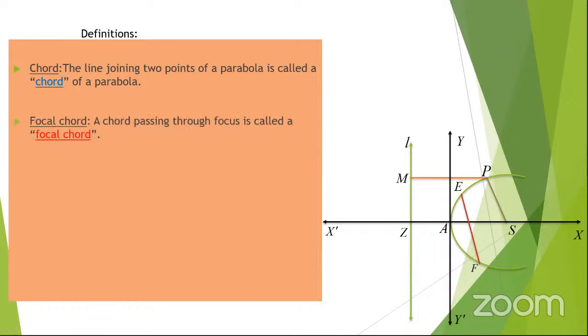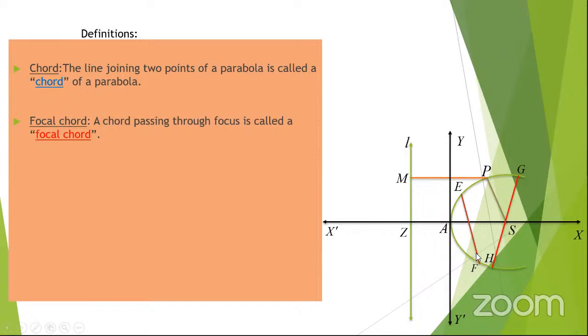Focal chord. If this chord passes through the focus, then it is called a focal chord. See, children, this chord is also joining 2 points on the parabola. But what is the difference between EF and GH, children?